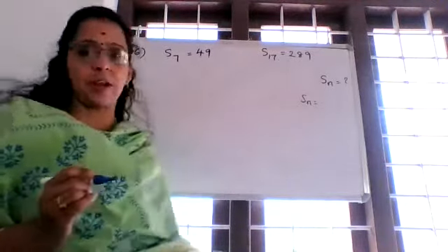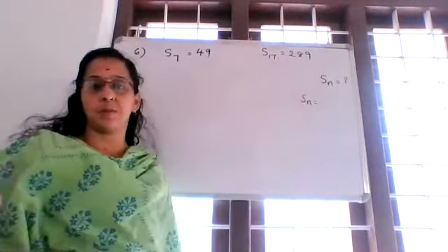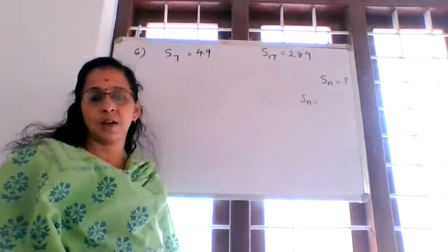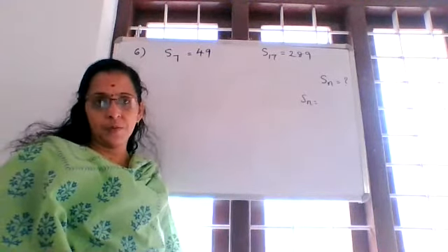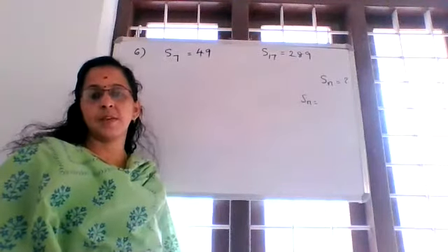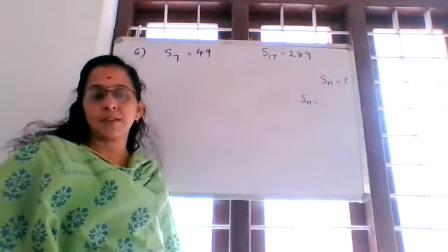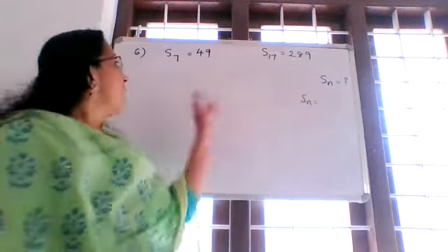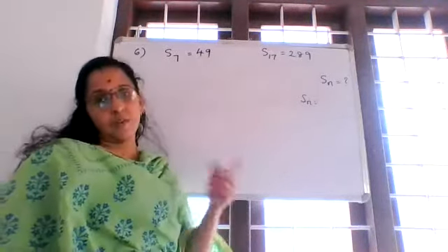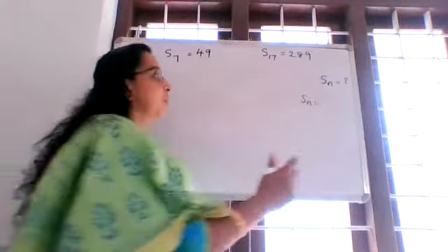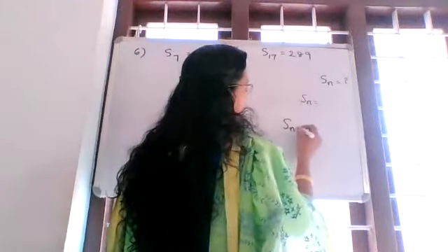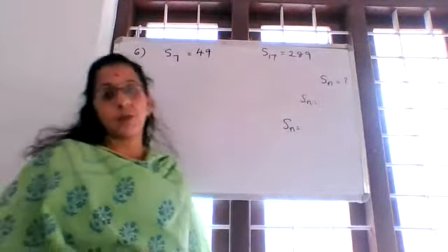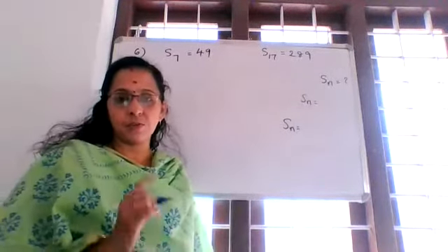S7 is equal to 49. If we have Tn, we substitute the formula of Tn, same as T8 would be a plus 7d. Same way, for S7 equal to 49 we use the formula for Sn.